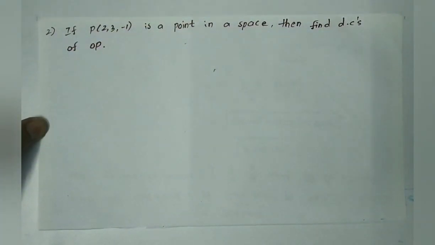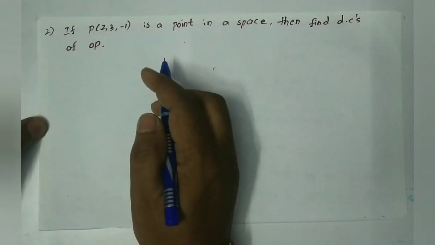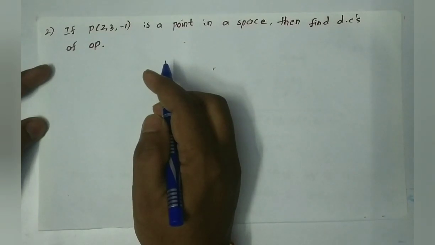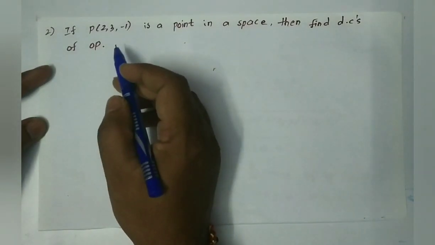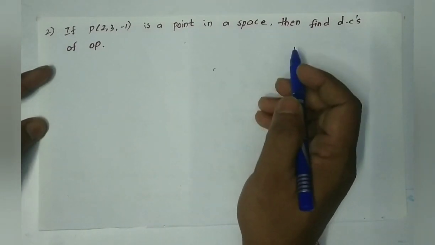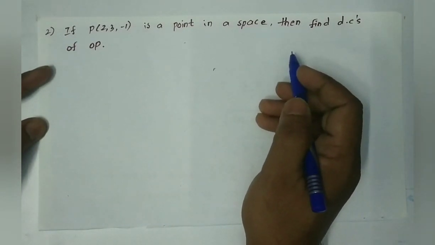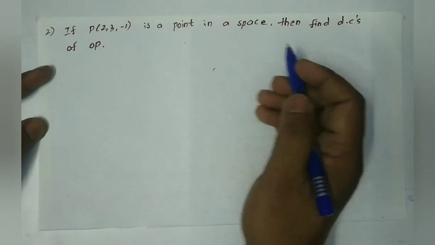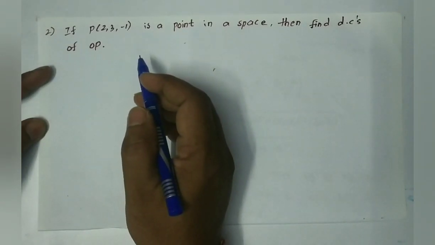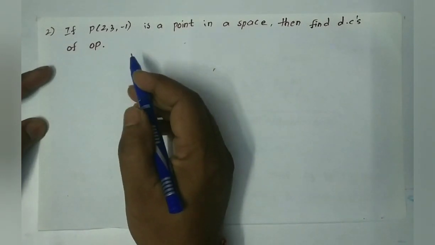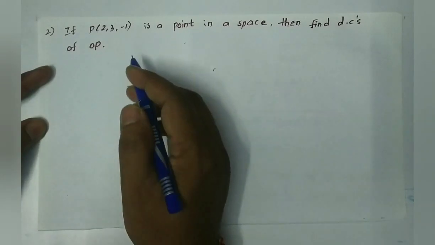If you observe, students, here the given point P(2, 3, minus 1) is a point in a space. So then we have to find the direction cosines of OP.